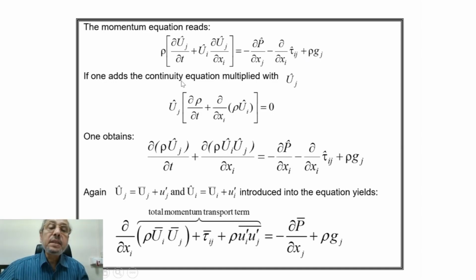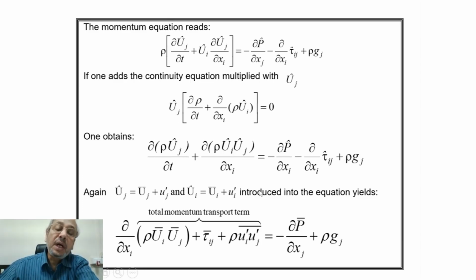If one adds the continuity equation multiplied with uj hat, we can get this, and this allows us to write the momentum equation in conservative form.